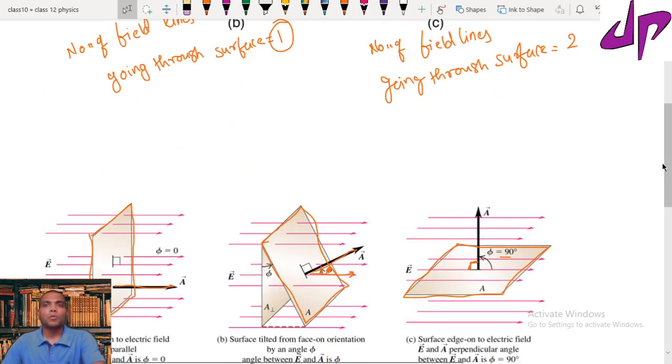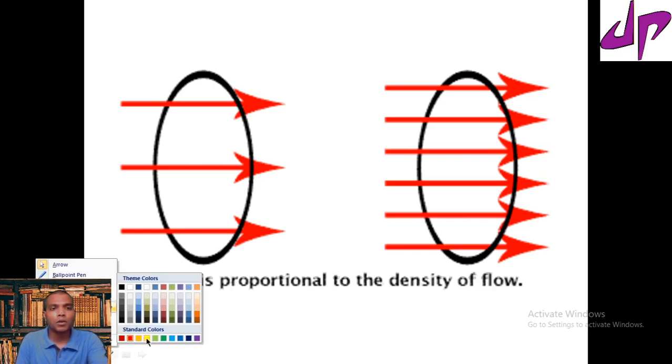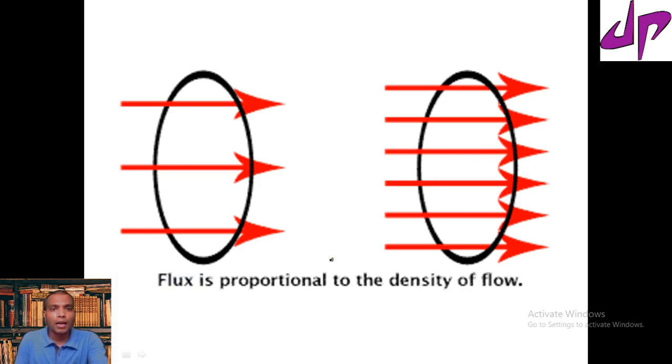Now let's see some more factors which are affecting the electric flux. The first one is that electric flux is directly proportional to electric field strength. Here you can see this is the circular area which I have taken. In this case, through the circular area, how many electric field lines are flowing? Electric field lines are flowing 1, 2, 3.